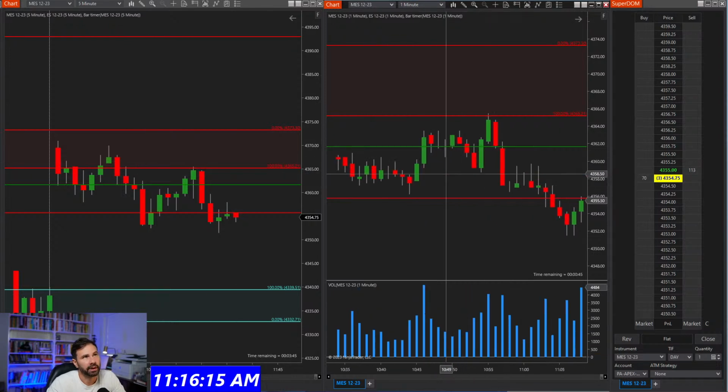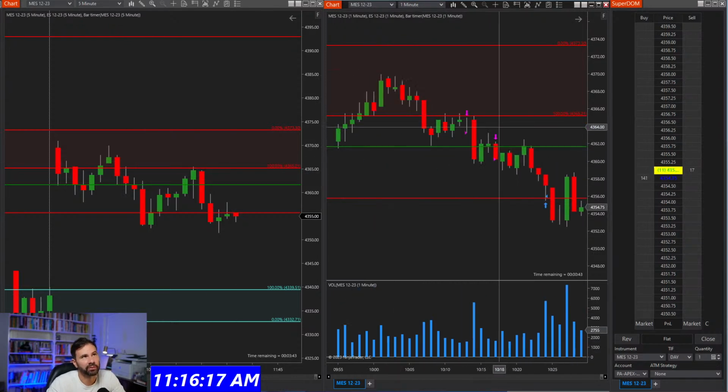Meaning, if it creates some sort of structure, for instance, this one, you see that? What would have happened if the market would have continued to the upside like this? I would have lost whatever my initial risk was. Okay, since it did this, right? Ideally I'd be breaking this candle, but I was a little bit late.